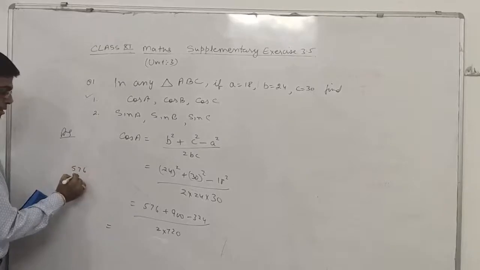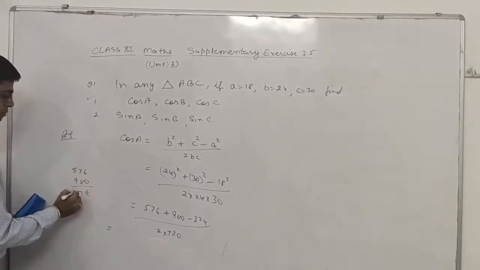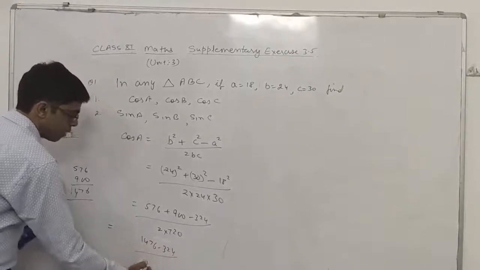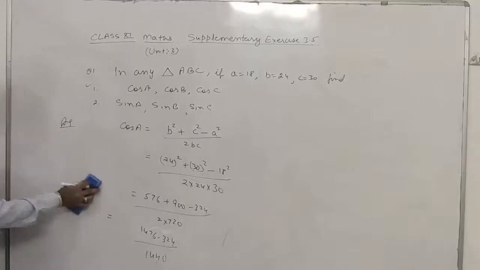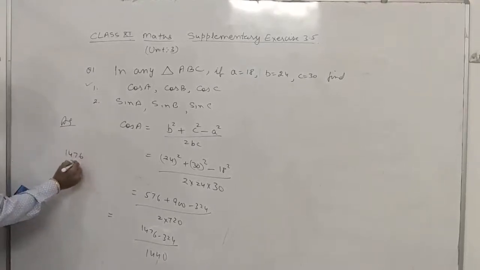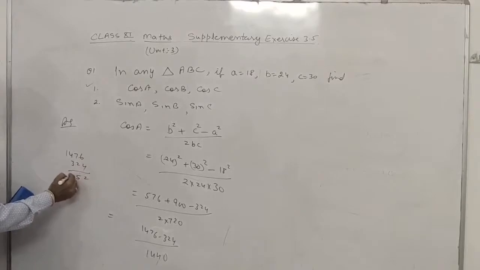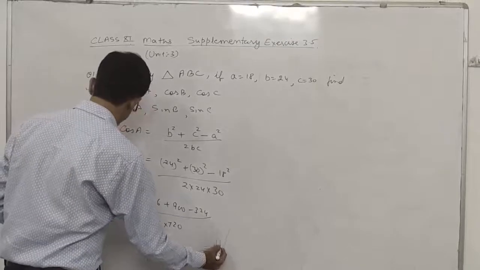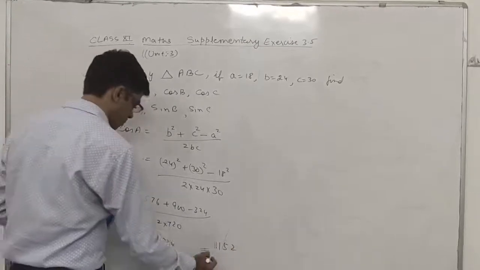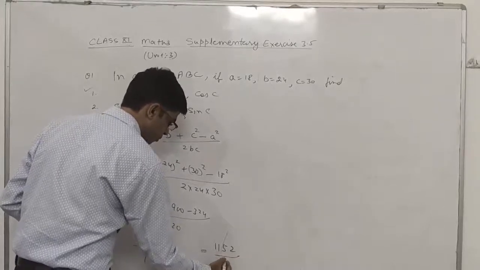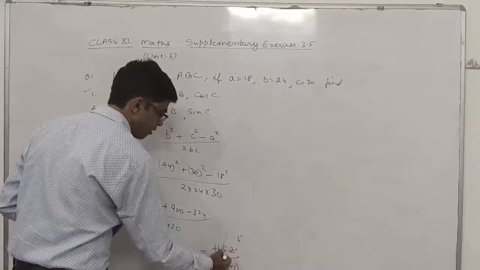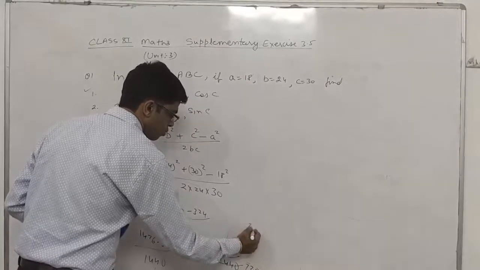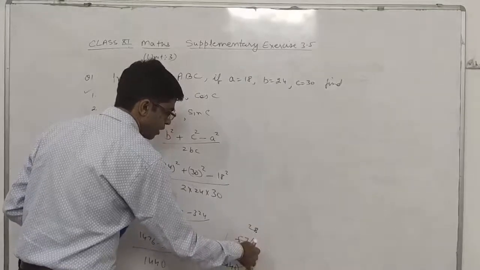So 576 plus 900 is 1476, minus 324, upon 1440. So 1476 minus 324 is 1152, upon 1440.